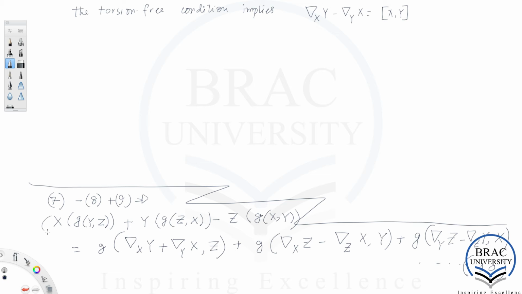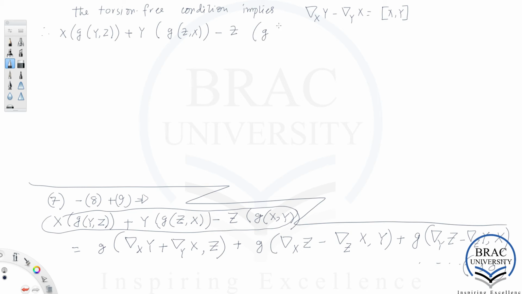Therefore, this expression x of g of y comma z plus y of g of z comma x minus z of g of x comma y is going to be equal to, so pick up the first summand, and apply this torsion free condition here.